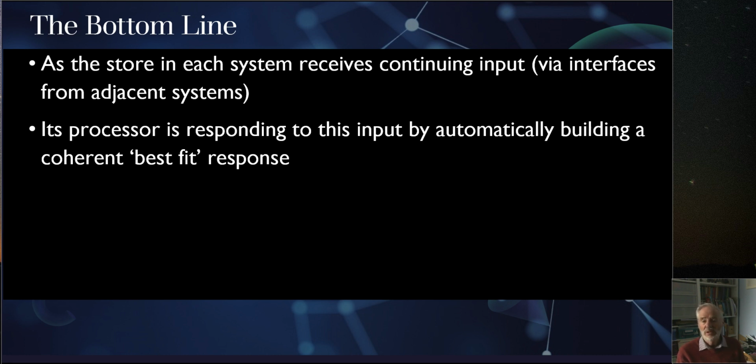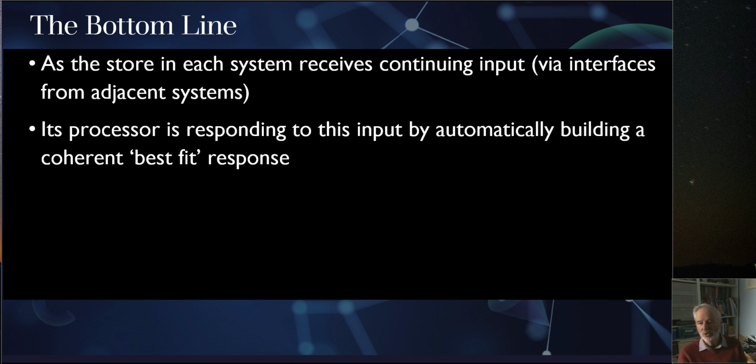It may fail. Things break down if not enough information comes through that allows it to build a coherent best fit response, or it doesn't find anything in the moment of processing available to it in the most highly activated bits to form some kind of coherent response.